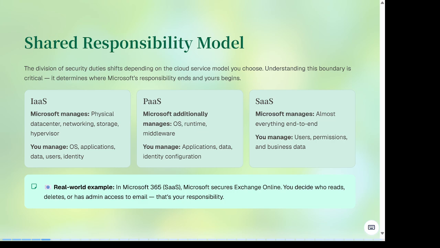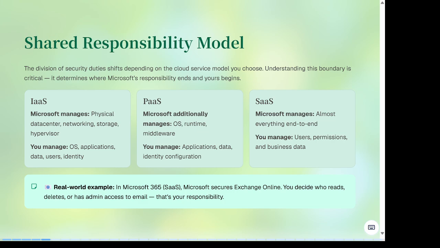Imagine you are using Azure virtual machines. Who is responsible for installing Windows security updates? Microsoft or you? The correct answer is you, because Azure virtual machines are IaaS and the operating system is the customer's responsibility.